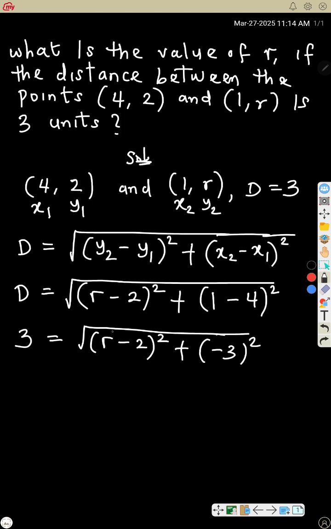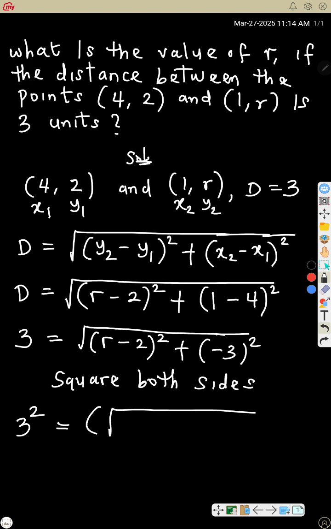Now how do you take care of this square root? You have to square both sides. So you have 3 squared equals the square root of (r minus 2) squared plus (minus 3) squared.